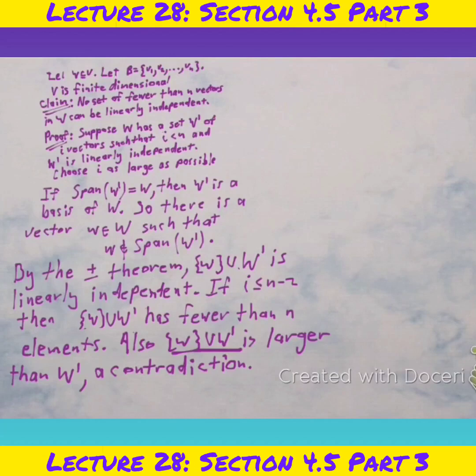So you're going to have that set is still linearly independent, and it's got fewer than n vectors, and it is going to be larger than i, and that's going to contradict the way that we chose our original set W prime.